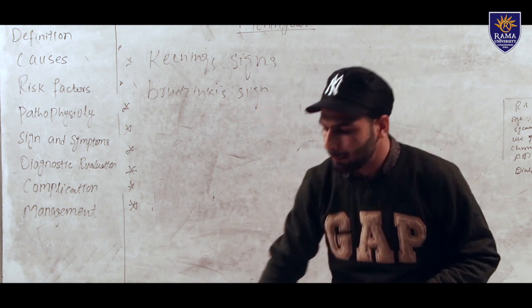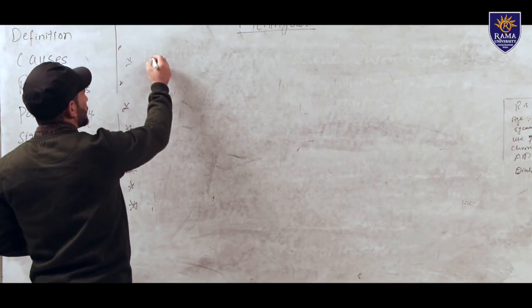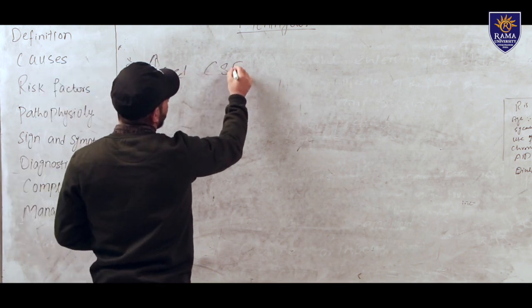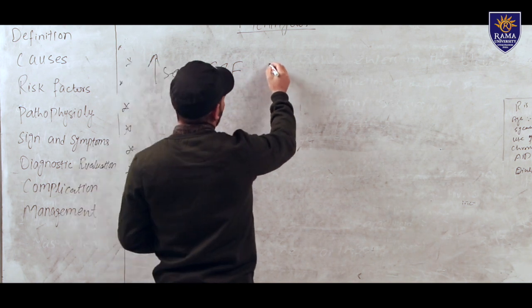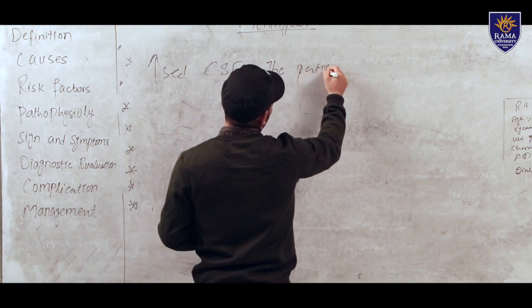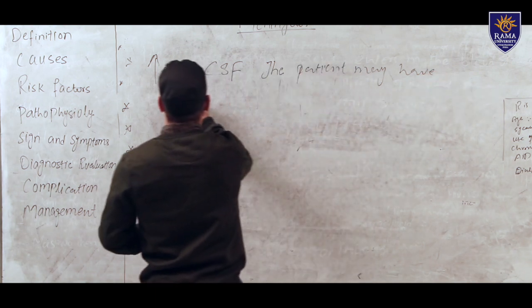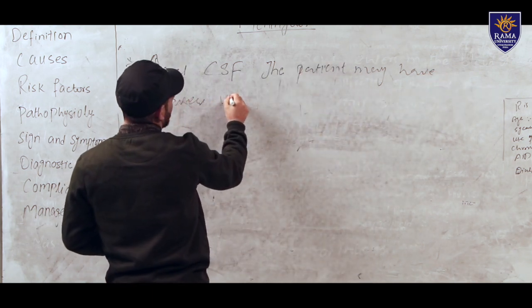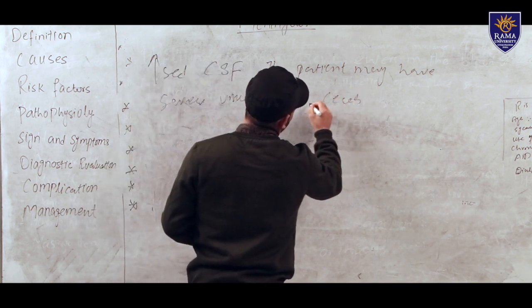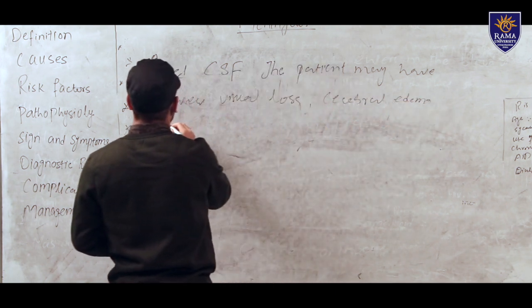So after that, complication. What will be the complication if the patient has meningitis? So, due to the increased cerebrospinal fluid, the patient may have severe visual loss, cerebral edema, and tissue damage.